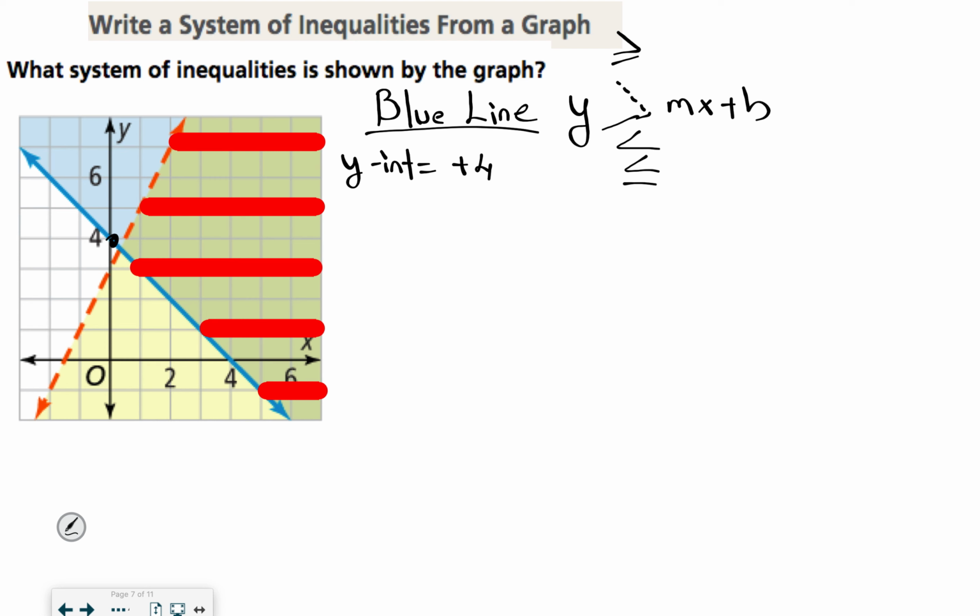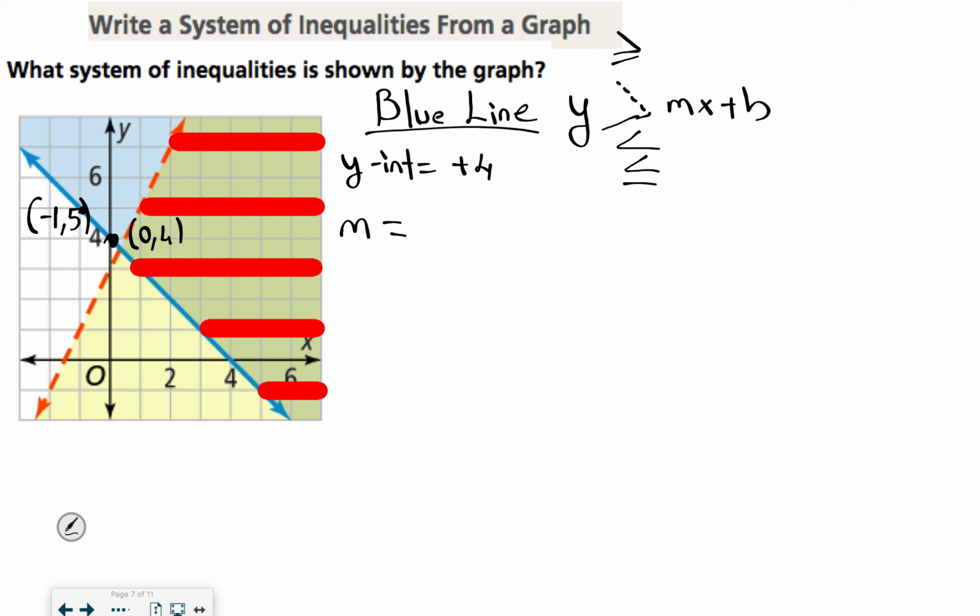How can you understand the slope? You can choose either 2 points, 0, 4, and you can choose this point, -1, 5. You can use the slope formula. You can find the slope easily.